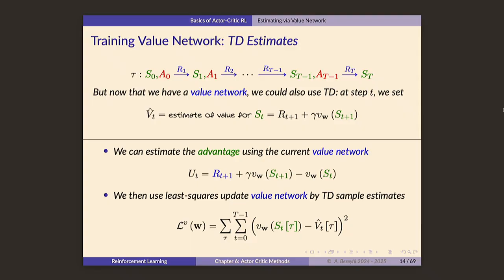It's squared, right? Now, if you look at this, v hat minus the value at time t, you have your sample return by TD minus the value of your current state. This is the same argument that you have here, right?